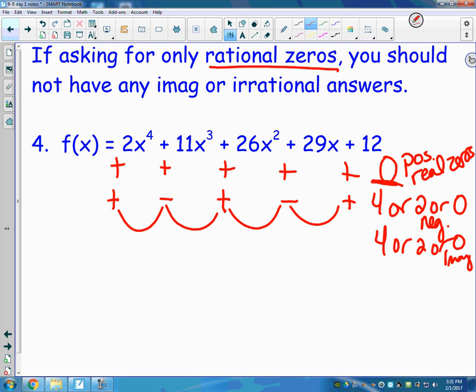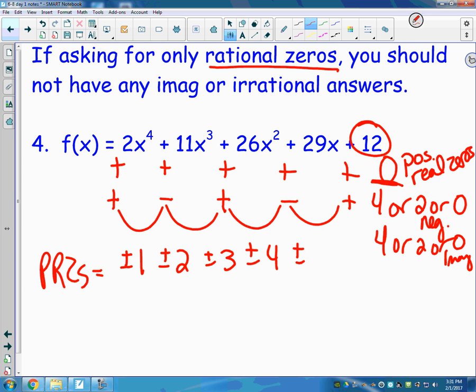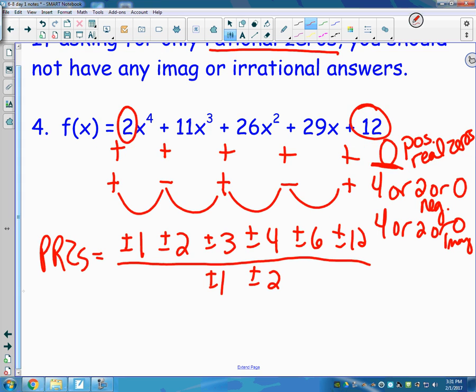But this right here is super important to me because when I do my PRZs, I'm going to take factors of 12. So plus or minus 1, there's a lot on 12. Plus or minus 2, plus or minus 3, plus or minus 4, plus or minus 6, and plus or minus 12. And then I'm going to divide that by factors of 2, which are plus or minus 1, and plus or minus 2.